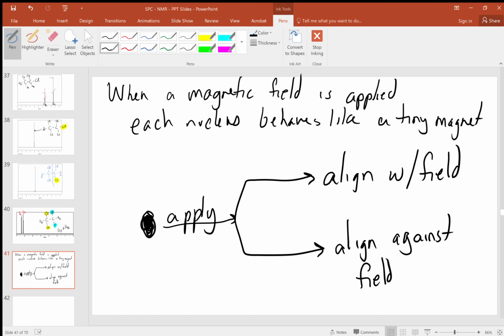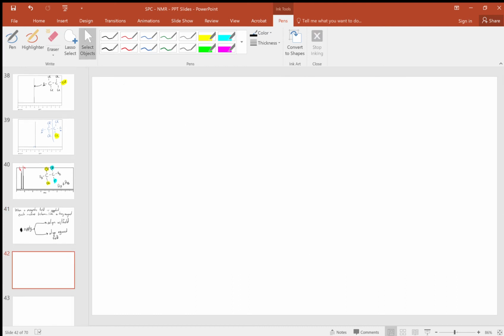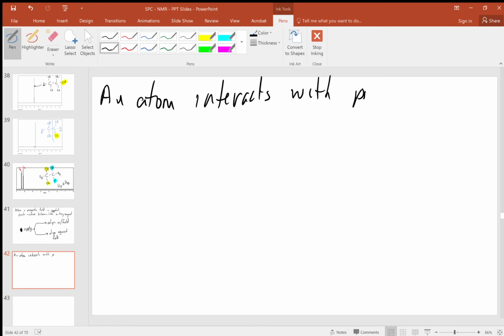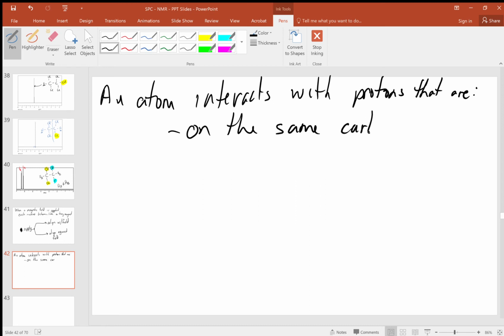Alright, so now what happens is an atom, for NMR conditions, interacts with protons that are on the same carbon or on an adjacent carbon.